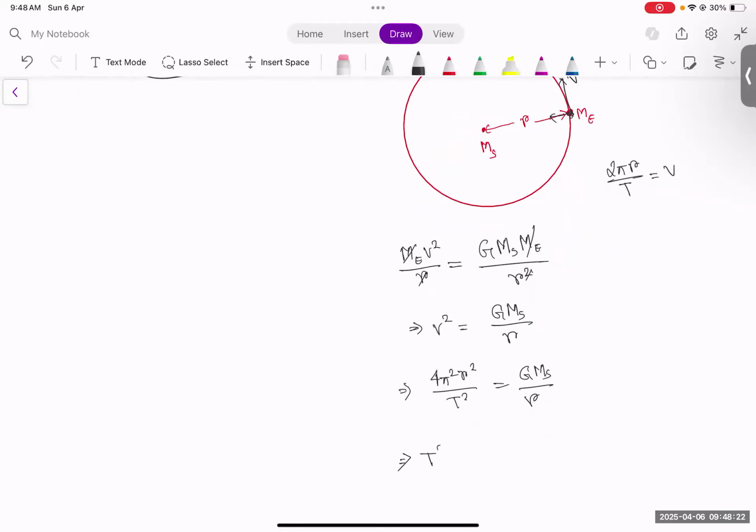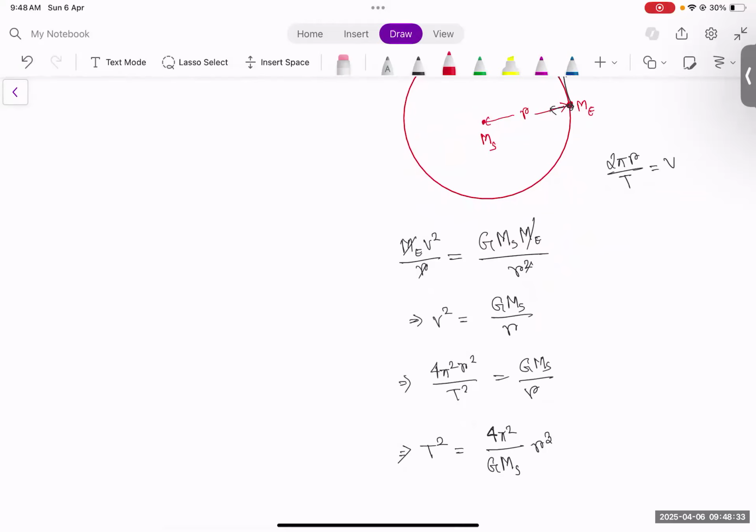Isolate T squared, you get T squared is 4 pi squared divided by G Ms times r cubed. So this is my formula.